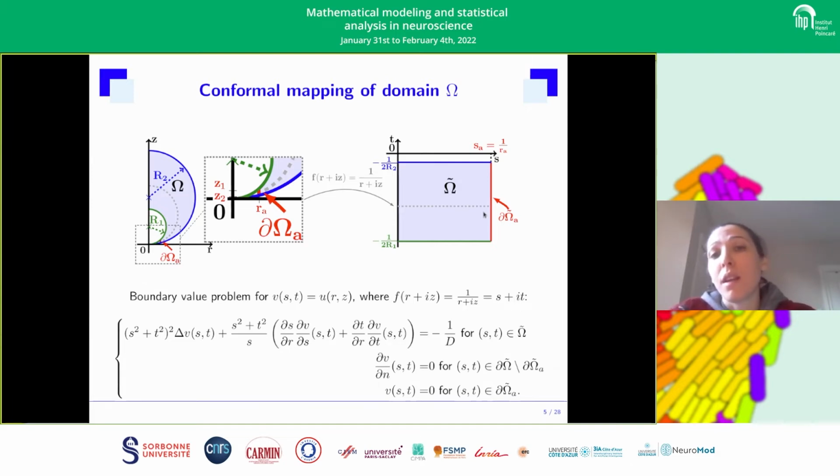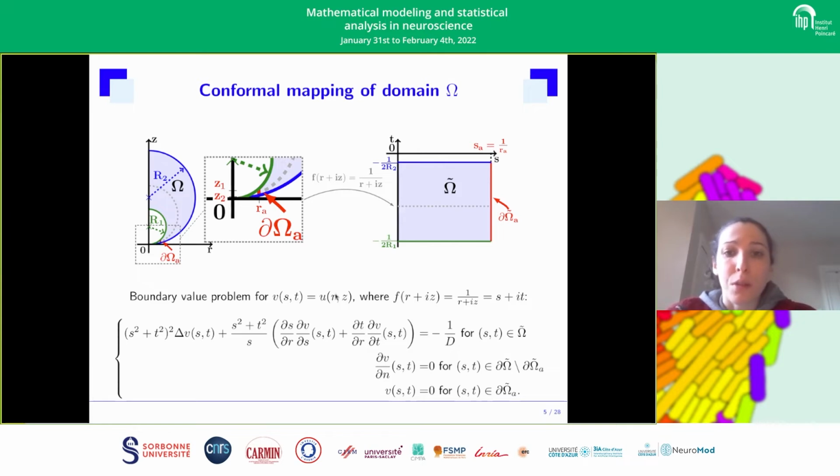And the idea was that maybe if we get lucky, then at least at the first order, and only at the first order, the mean first passage time should not depend on where you are in t, but only on where you are in s. So you transform the problem, at least at first order, into a 1D problem.